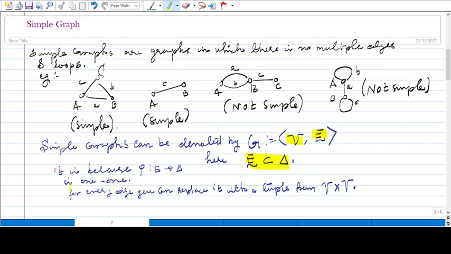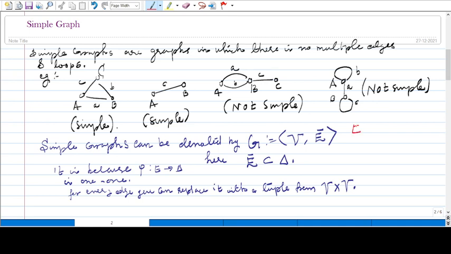For example, here we have a simple graph.